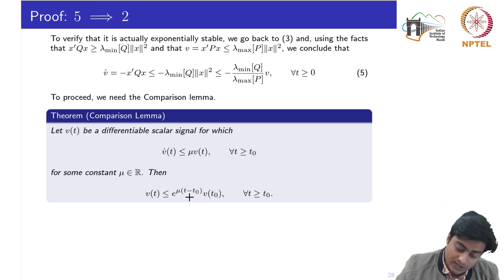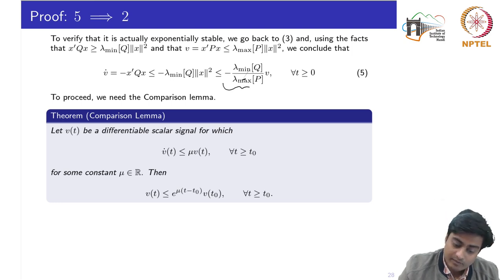Now if you see the similarity between this lemma and equation 5, we have V dot less than or equal to minus this part into V, and this part is some constant mu, because I know that the smallest eigenvalue of the matrix Q and the largest eigenvalue of the matrix P will always be positive, and this part would always be negative.